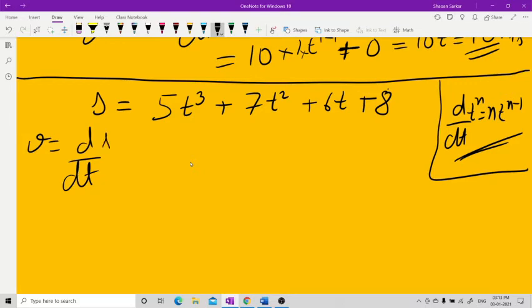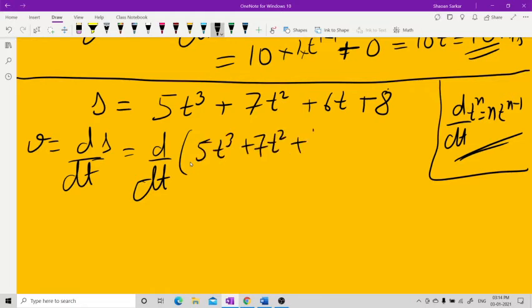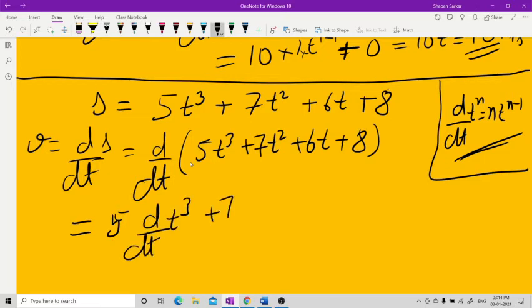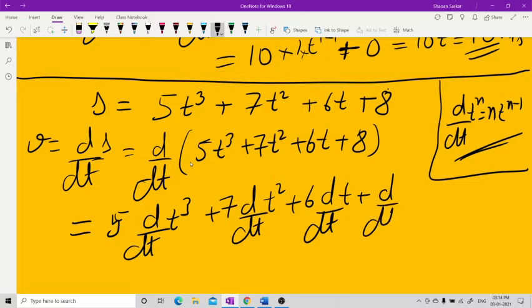d/dt, ds/dt, this will become d/dt of 5t³ + 7t² + 6t + 8. Now 5 will be a constant, so 5 d/dt of t³ plus 7 d/dt of t² plus 6 d/dt of t plus d/dt of 8.